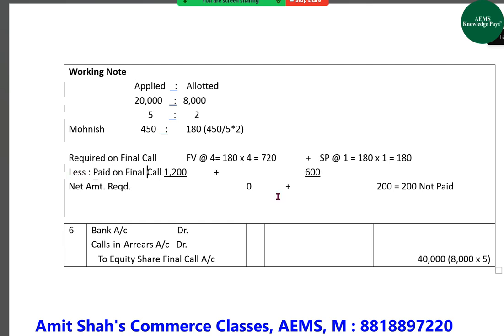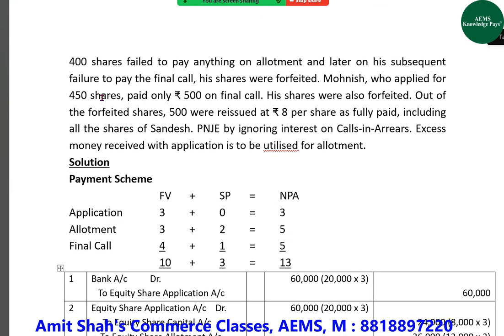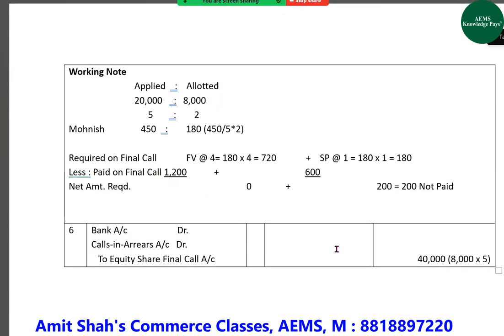How much he paid on final call is only 500, as given in the question. So this 500 would be first adjusted towards face value. Nothing could be adjusted towards premium. So the net amount required from him is 220 of face value and 180 of premium, that is 400 rupees, which he has not paid.